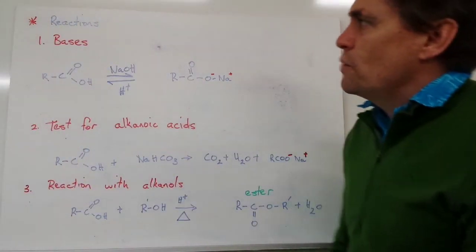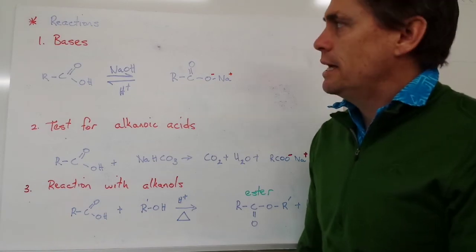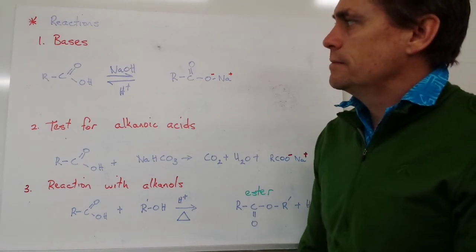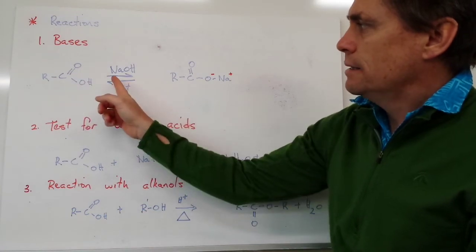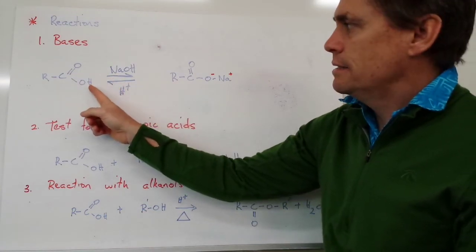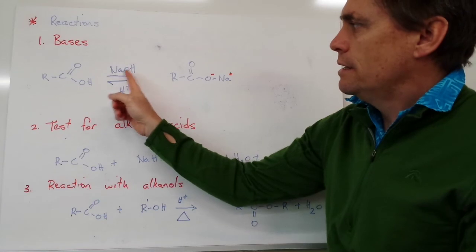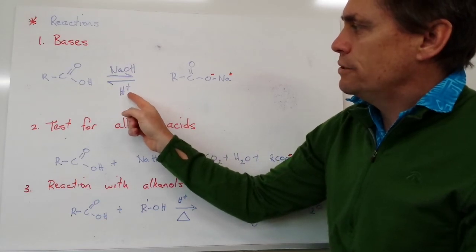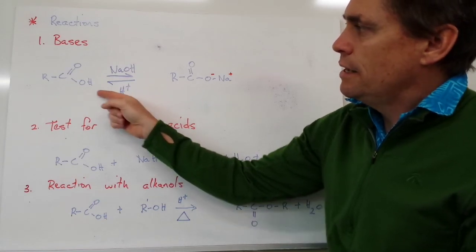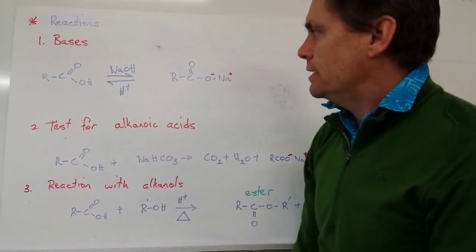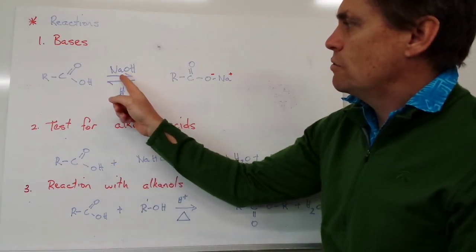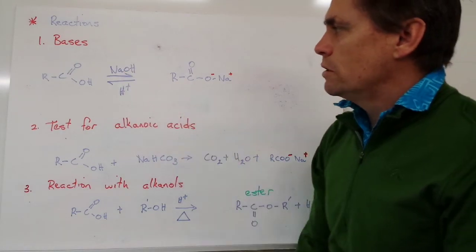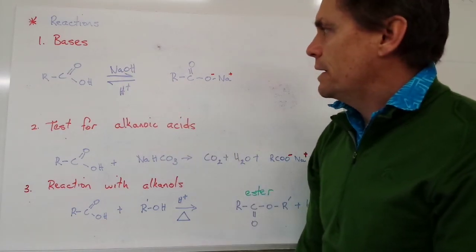Okay, let's have a look at some reactions with our carboxylic acids or our alkanoic acids. If we put our alkanoic acid into a base, it's a weak acid, so it will react, but you'll notice if we put it into the presence of an acid once again, it'll reform our alkanoic acid. But if we put it into the presence of a strong base, we'll form the salt of our alkanoic acid.